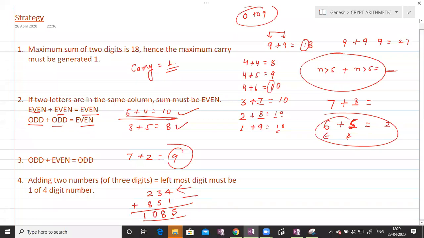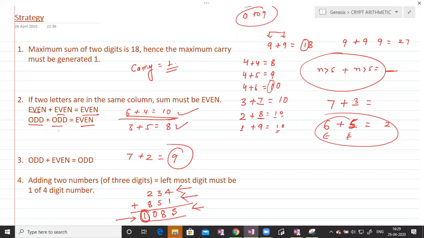I am adding two 3-digit numbers, but the result is a 4-digit number. It means the leftmost digit must be the carry, which is always 1, remember. The leftmost letter should be assigned 1, because the maximum carry we get is 1. So the leftmost digit must be 1.